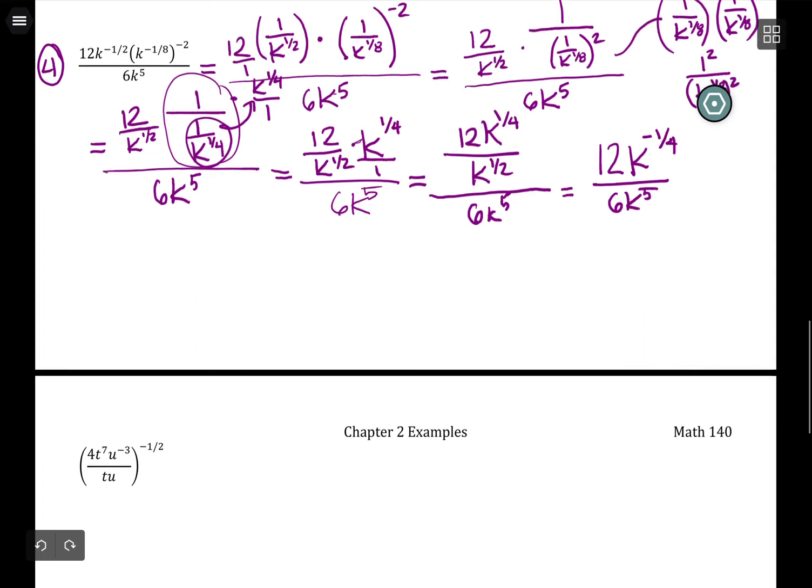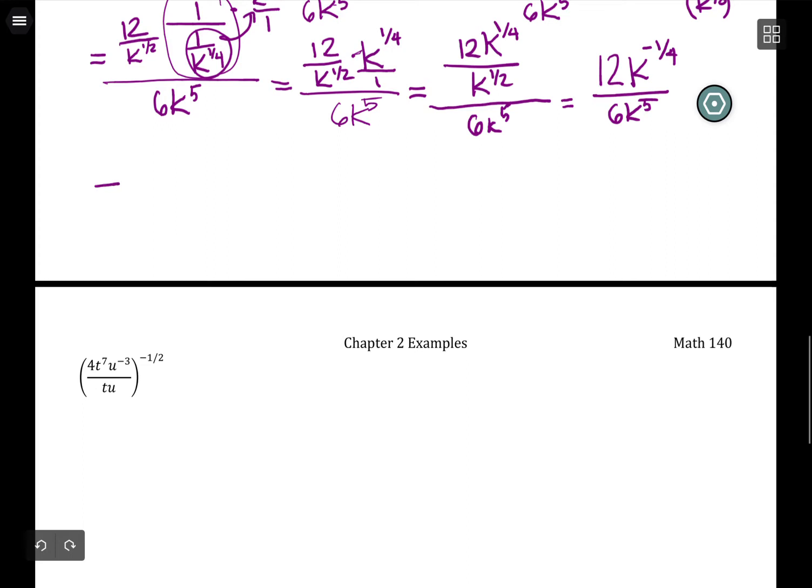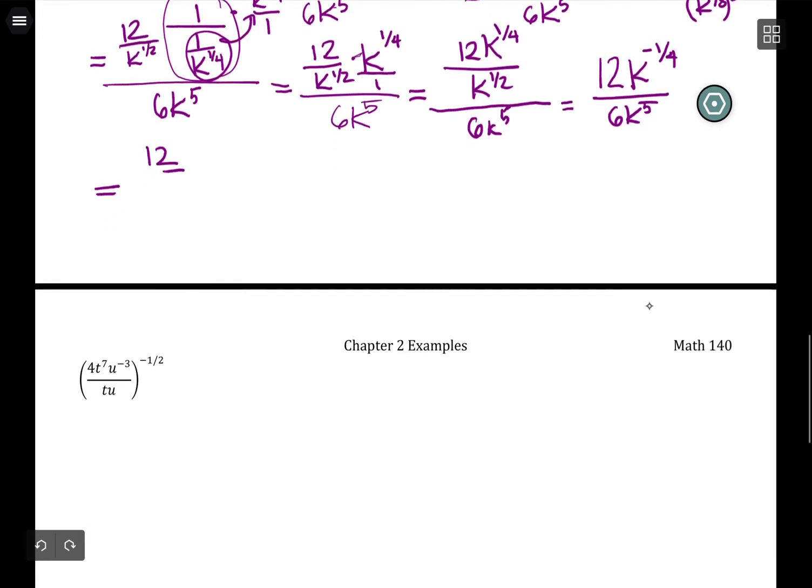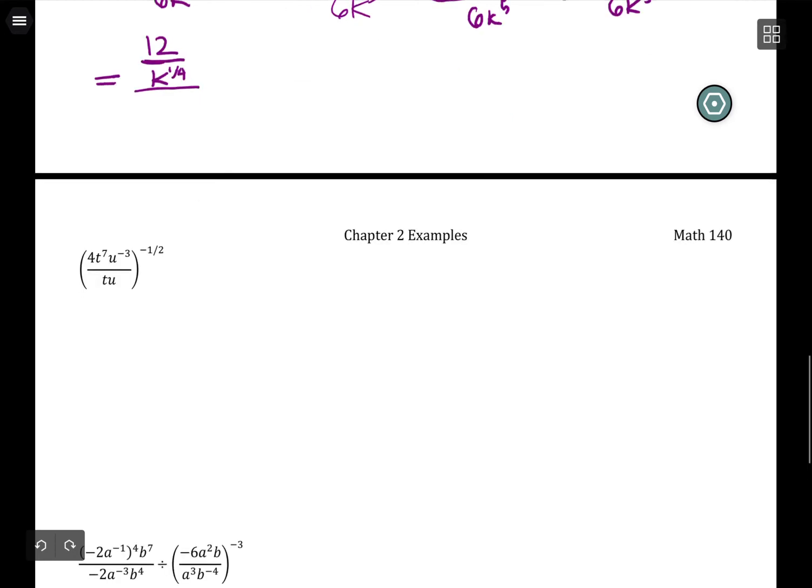Okay, and I made a new mess for myself, so I'm going to say, okay, that's 12 times 1 over k to the negative 1/4, or 1 over k to the 1/4, so it's the same as 12 over k to the 1/4. And that's divided by 6k to the 5th. I'm going to think about that as over 1, because my next step is going to be multiply by the reciprocal. 12 over k to the 1/4 times 1 over 6k to the 5th.